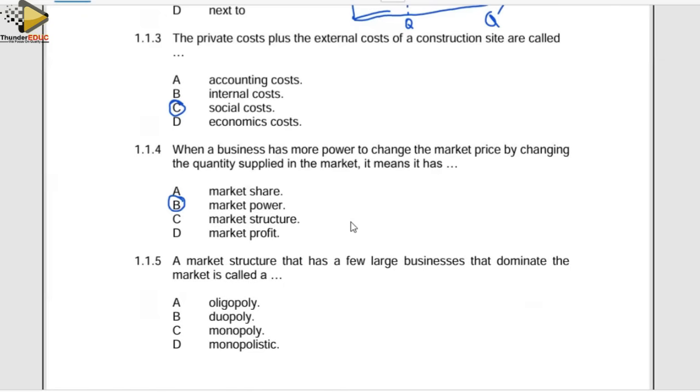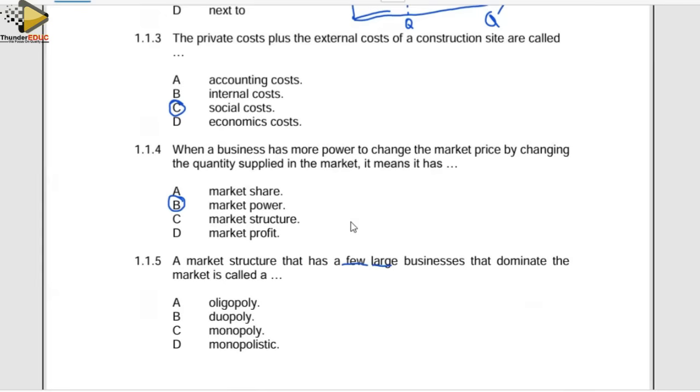Right, number 1.1.5. A market structure that has a few large businesses that dominate the market is called. Our key is few, but at the same time they are large. What industry can we figure out in South Africa which has few and large businesses?